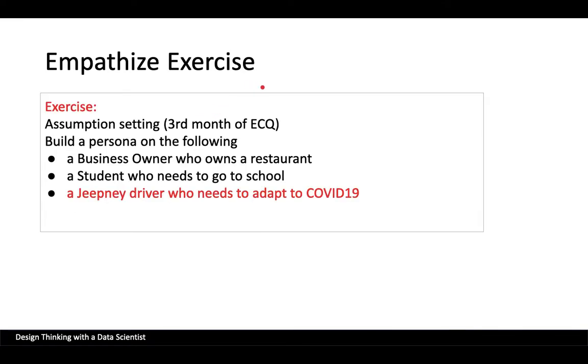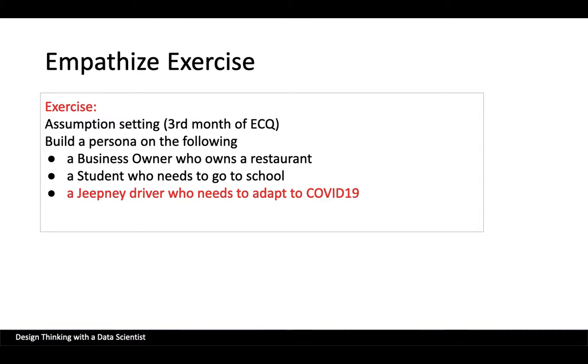So for exercise, you can do assumption settings. For example, it's the third month of ECQ. Build a persona on the following: a business owner who owns a restaurant, a student who needs to go to school, and a jeepney driver who needs to adapt to the COVID-19 situation. Considering that there's a lot of changes happening, how will the user be able to adapt to COVID-19 and what are the things that they need?